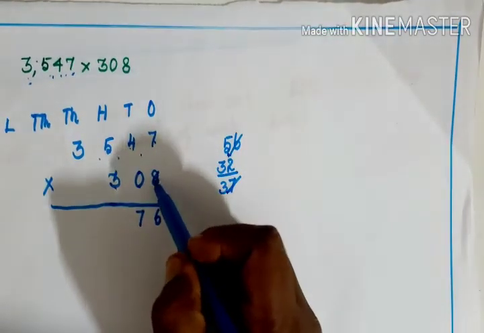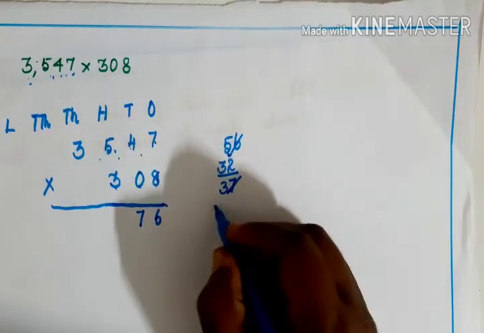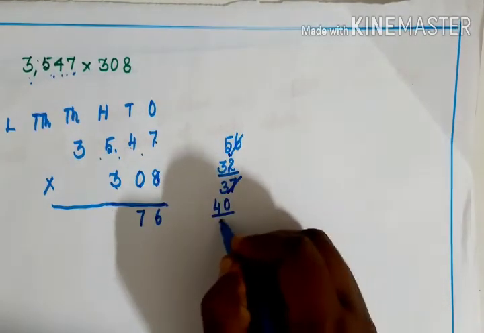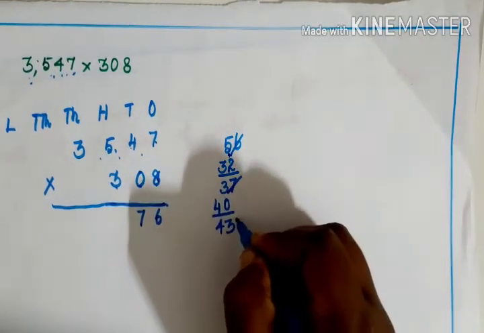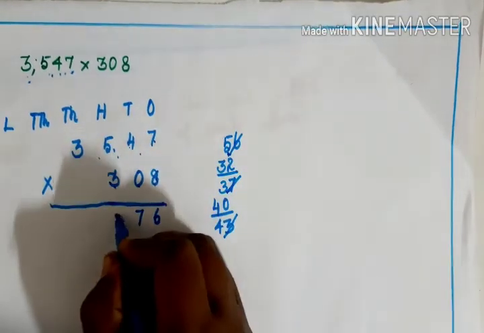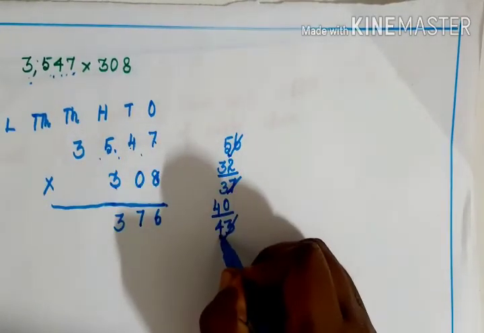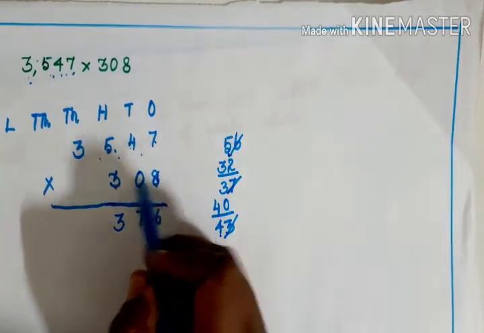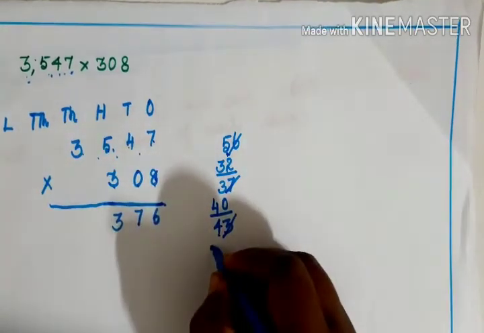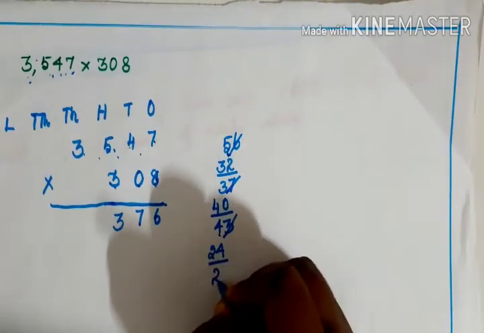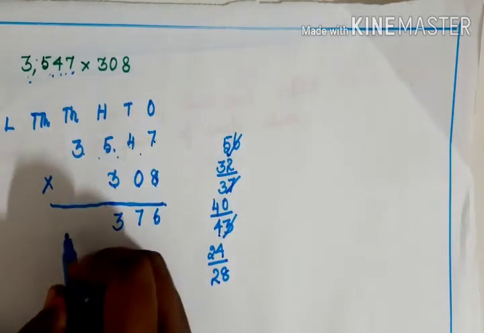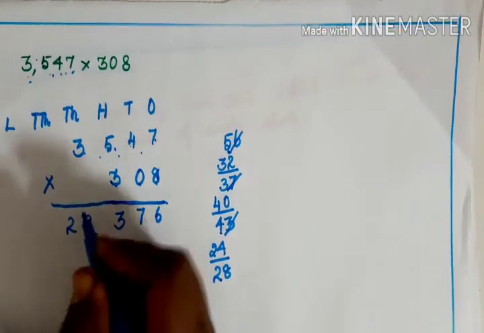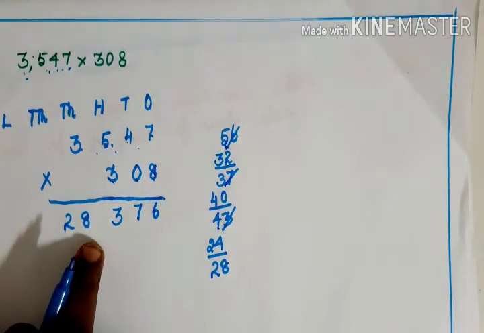Okay. Then 8 fives are 40. 40 plus 3 is what? 43. Write the ones place 3 and keep the balance 4. Okay. 8 threes are 24. 24 plus 4 is 28. So directly you can write the 28 here. No more number is there, so directly I can write it.